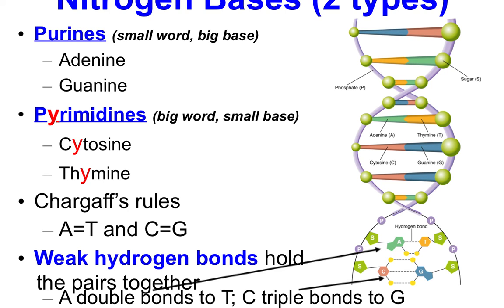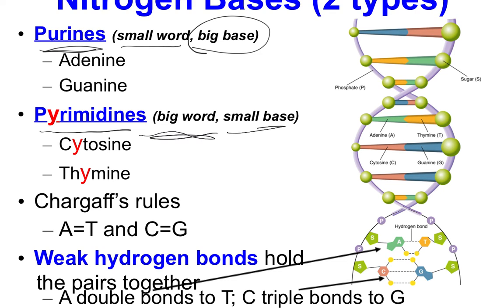These nitrogen bases have two types. Adenine and guanine, we call those the small words, but they're a big base. Those are called purines. And then the pyrimidines, which is a big word, but it has a smaller base, are cytosine and thymine. Here's what I mean.